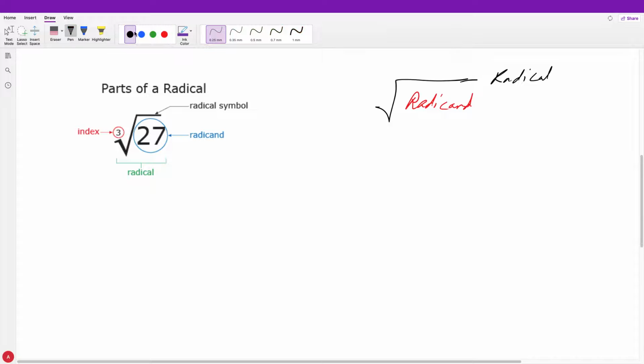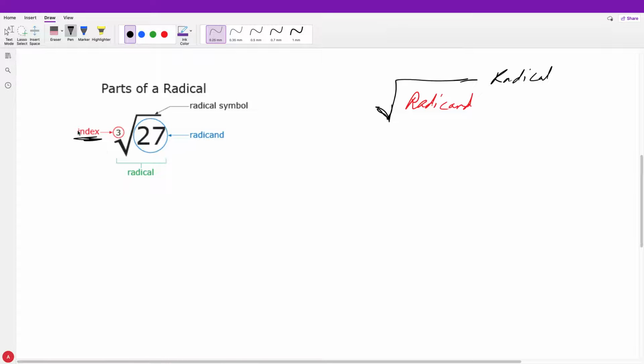All right. Now, inside this little corner here, if you want to call it that, there will sometimes be written a number, or sometimes there's not a number written. But this is referred to as our index. When there's no number written, it's understood to be a 2. So if I don't write anything, then it's understood to be a 2 there. And what we're actually doing is taking the square root of that number.